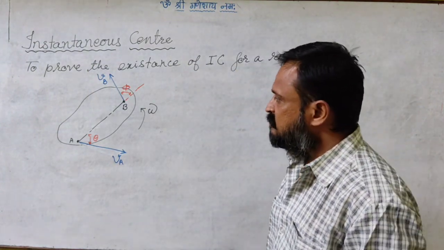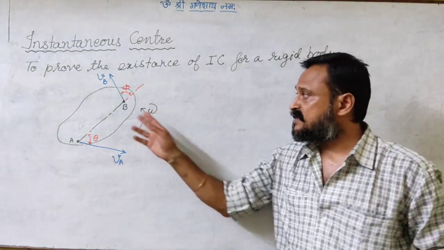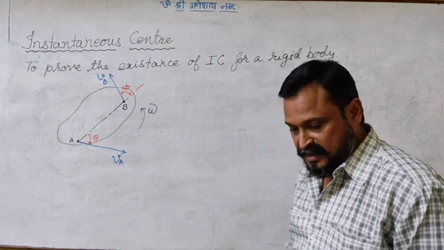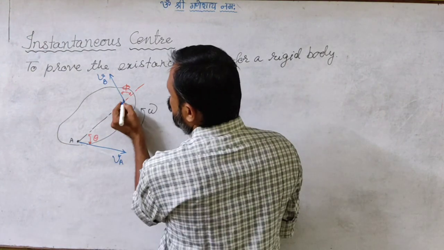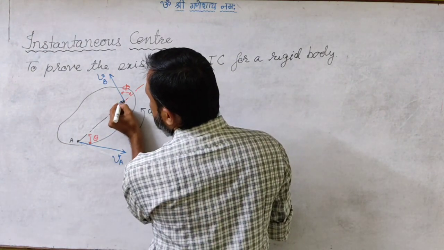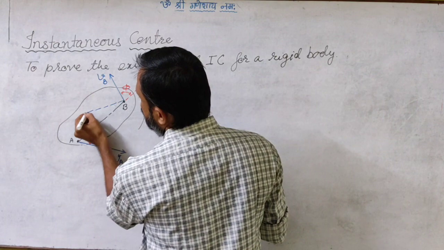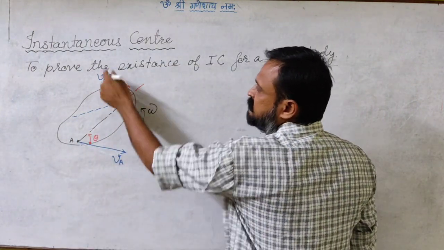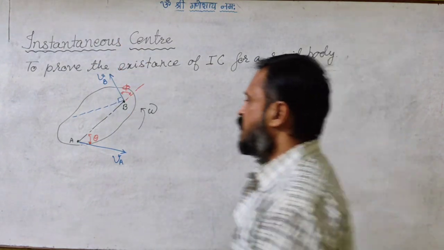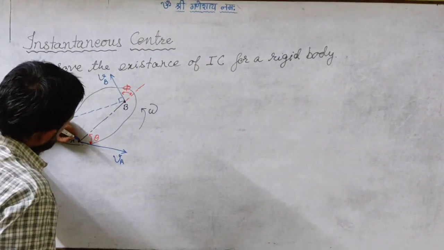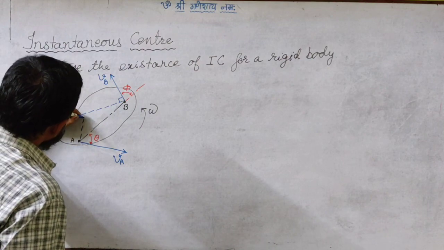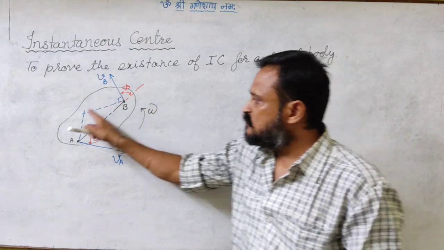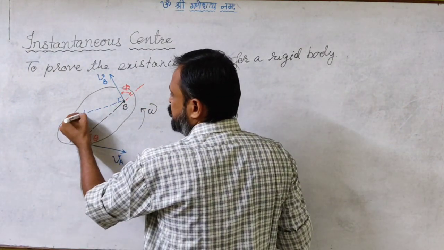Now if I go for a construction and consider two lines, one perpendicular to the velocity vector for B, and one line perpendicular to the velocity vector of A, these two lines are going to intersect somewhere here.